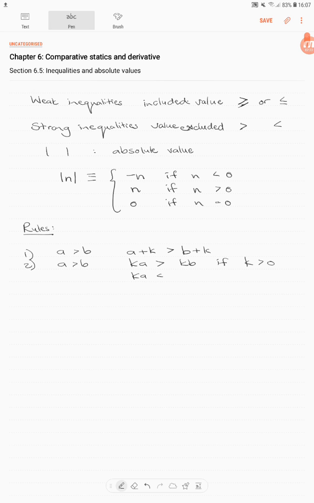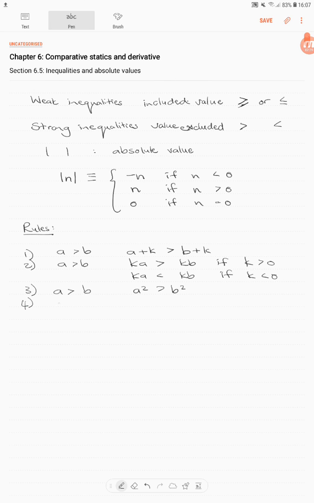Ka will be smaller than kb if k is smaller than 0. If a is larger than b, a squared will be larger than b squared.